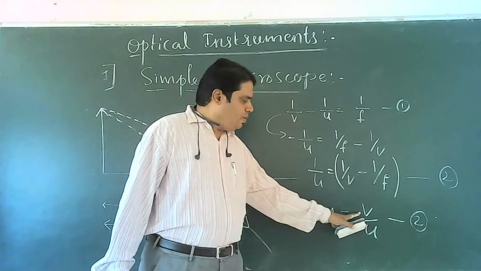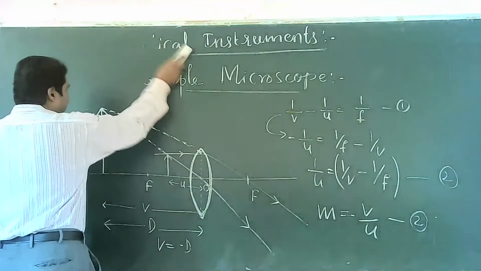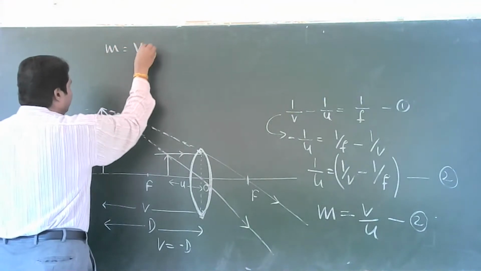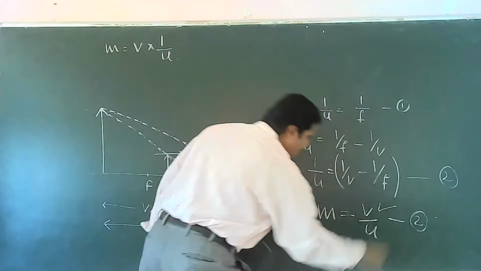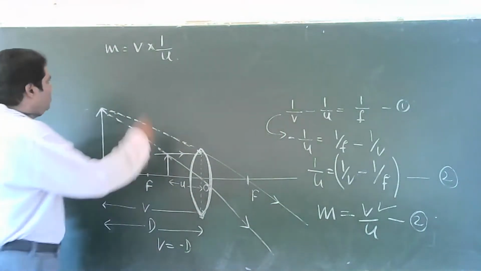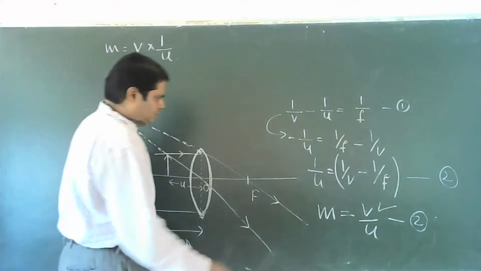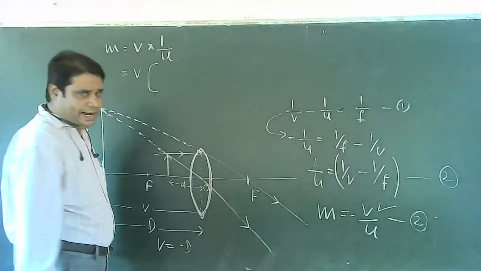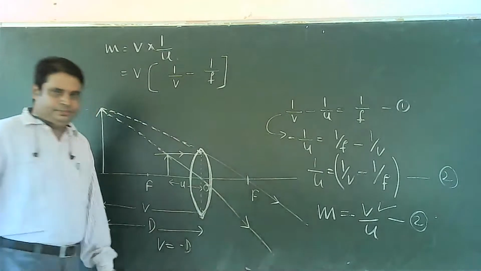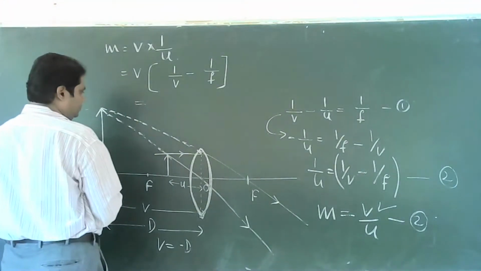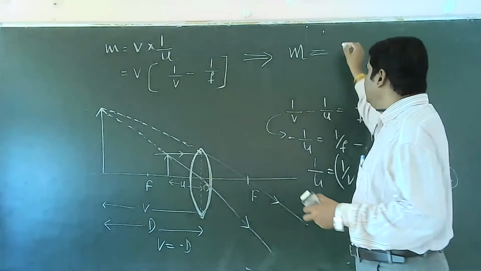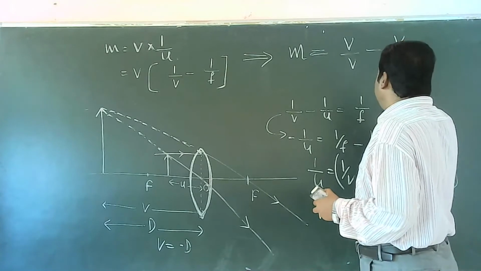So now I can put the value of 1 by U: M is equal to V into 1 by U. From equation 2, in place of 1 by U, let me write 1 by V minus 1 by F. So magnification is equal to V into (1 by V minus 1 by F), that is, 1 minus V by F.